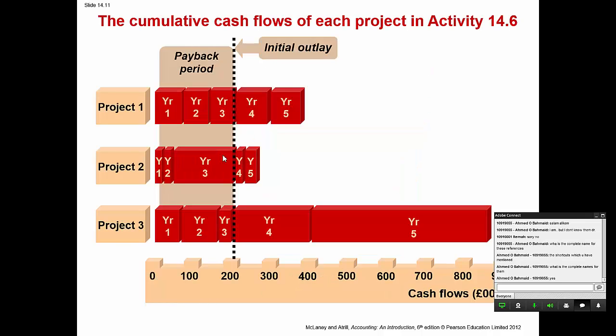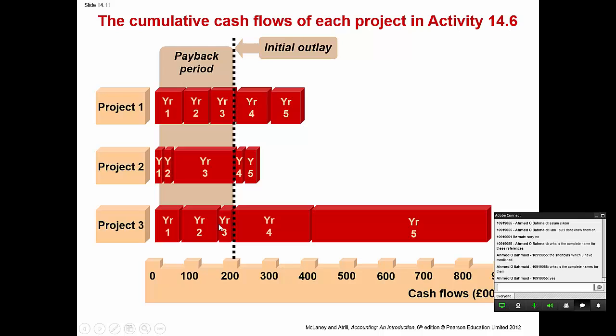This is an example of 3 competing investments. The first investment has a payback period of 3 years, the second investment also has a 3-year payback period, and the last one also has a 3-year payback period.